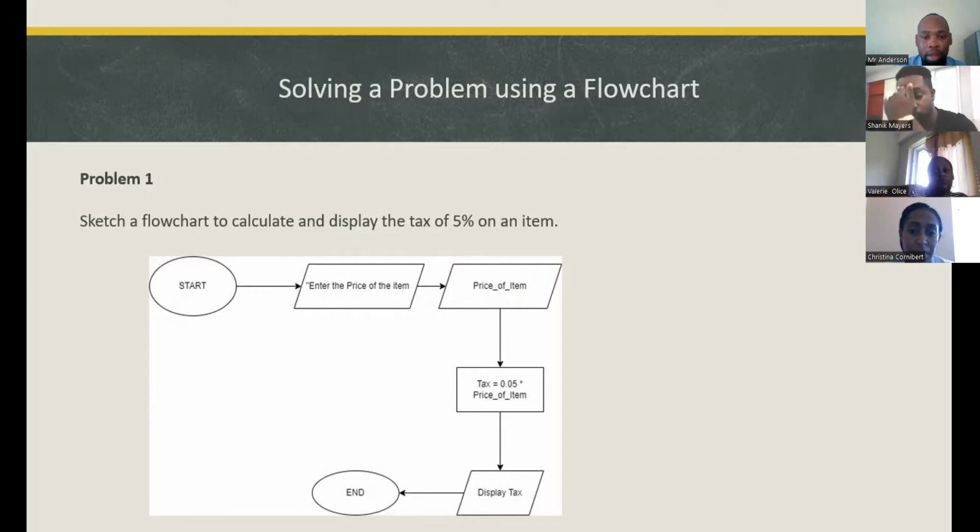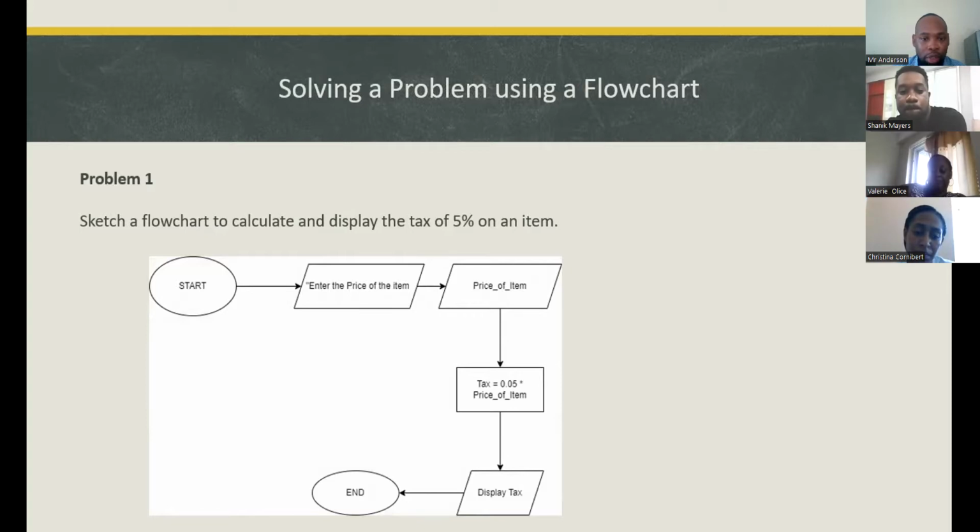And as you can see here, within the rectangle, I have the formula to calculate the tax, because that's what the problem asks for, 5% tax on the item. So tax equals 0.05 times the price of item. Always remember to change your percentage into a decimal number. Okay, class? Yes, sir. Good.